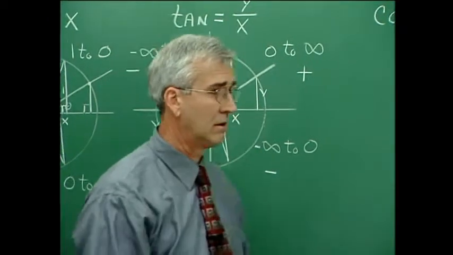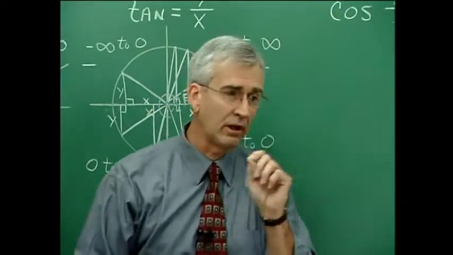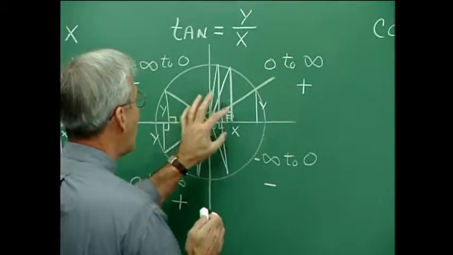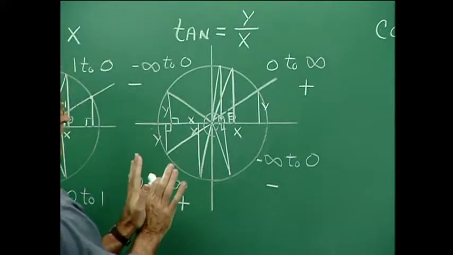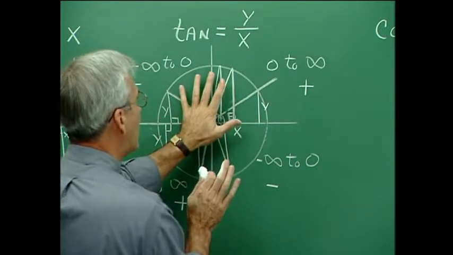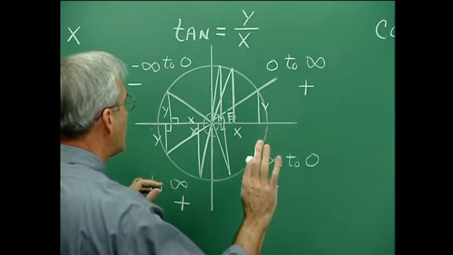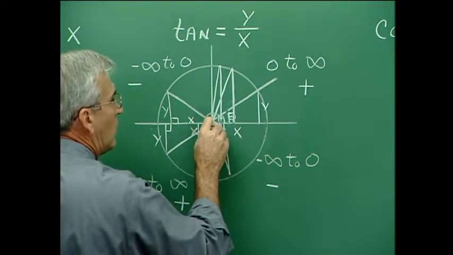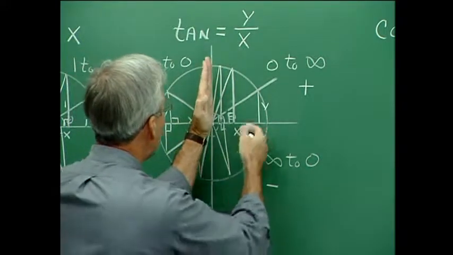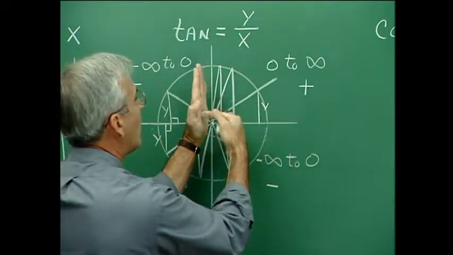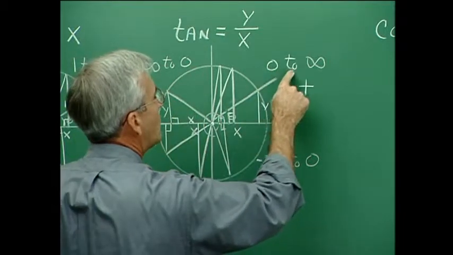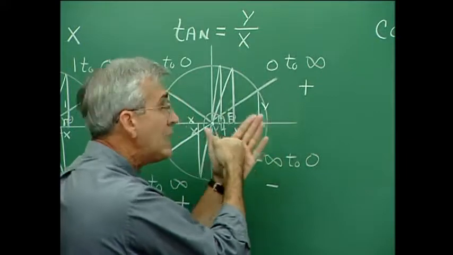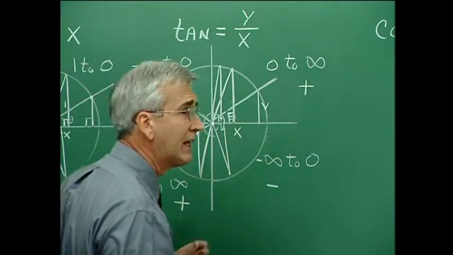Wait a second. I need to restate something here. I'm generalizing at the points where x is 0, and I should be specific at those values. I don't want to move over to the next problem just yet. When x is exactly 0, that is, when we have a 90-degree angle, I say 0 to infinity. Well, we approach infinity, but when we get right at 90 degrees, we're not at infinity.